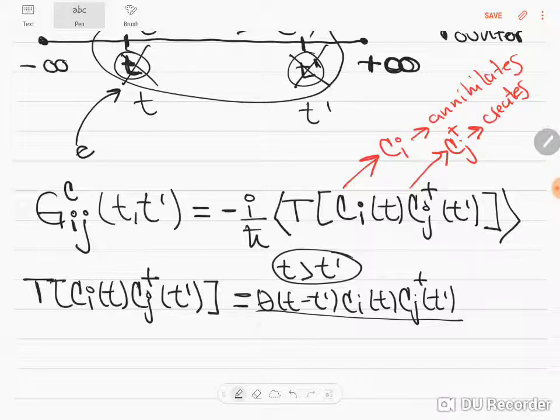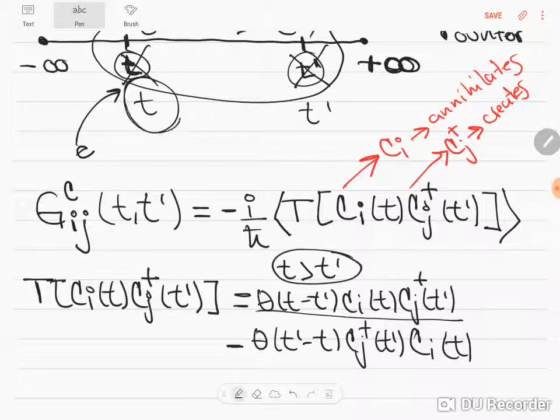Because we have to consider events, we have to consider the case for T greater than T prime, and we have to consider as well the case where T is less than T prime, which will be written as follows: theta of T prime minus T, Cj dagger of T prime, Ci of T. So what happens first goes to the right. Here this T is happening first. Whatever is happening at T is happening before T prime, okay?